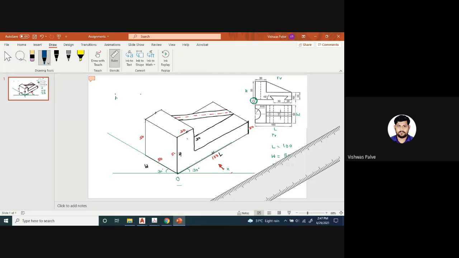The distance between them is 30 millimeter, which is given. From here I'll draw an inclined line with an inclination of 45 degree. And the height is 10 millimeter. You have to draw a parallel line whose height is 10 millimeter. You have to redraw this.